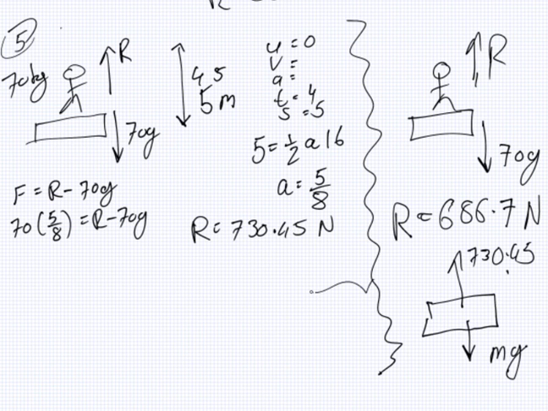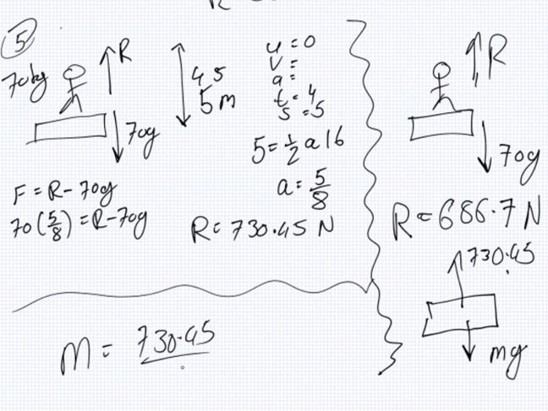So another way of doing it is saying that m should equal 730.45 divided by g. So that's the same answer, 74.5 kilograms. If you want to think about it that way as well.